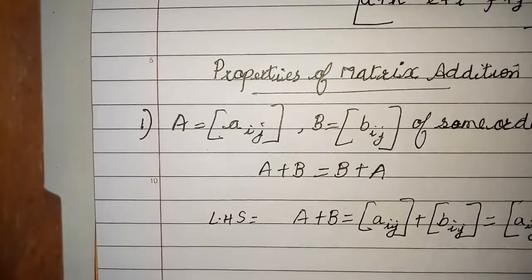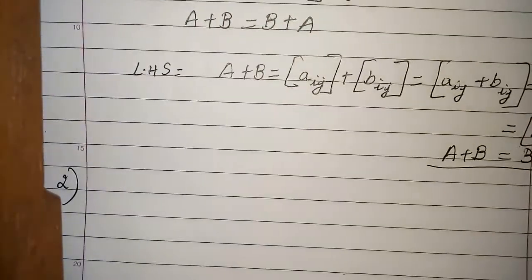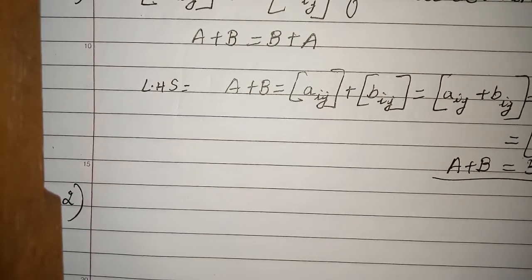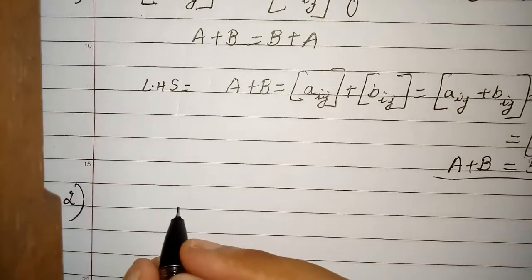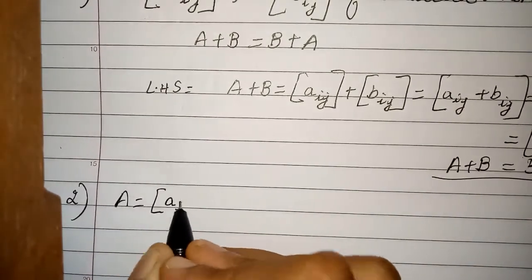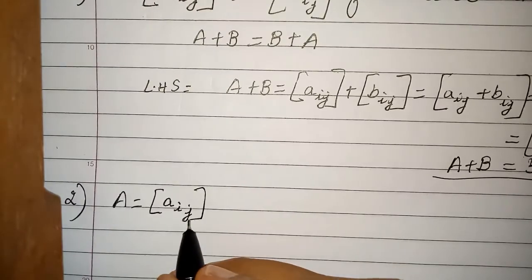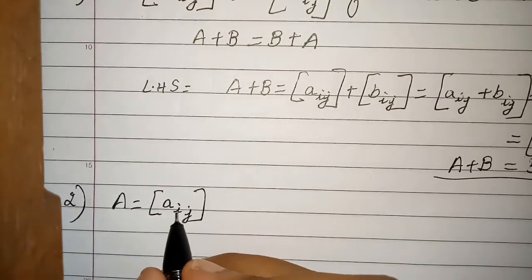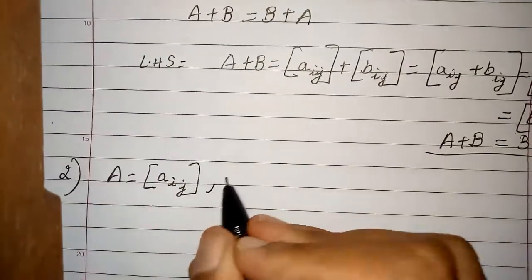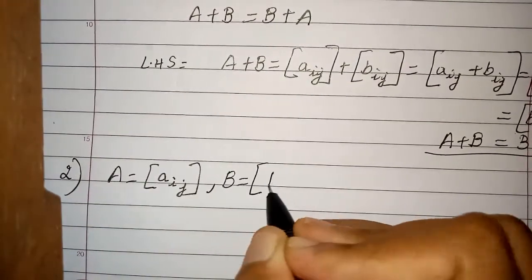Now the second property: if three matrices are given, matrix addition is associative. So I have the same matrix A, I have Aij. I hope you understood what Aij is. Aij means the element in the ith row and jth column. B is equal to, say, Bij.